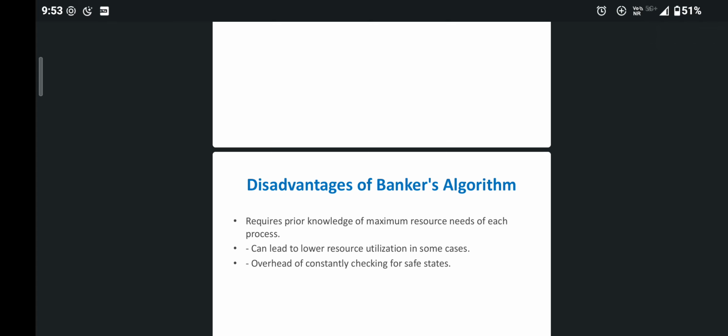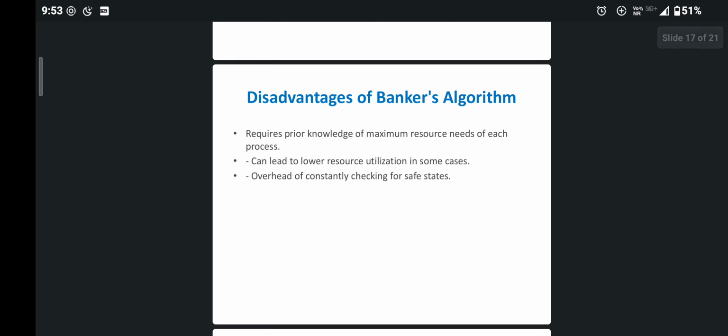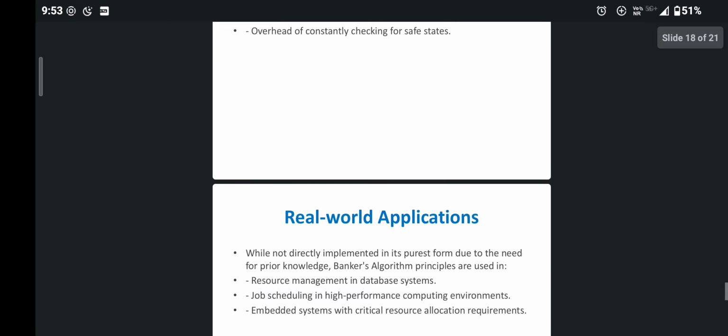If there is a very large number of processes, then it can lead to lower resources, and it may be slower. And then there is the overhead of constant checking, because if a process is not in a safe state, we check again and again after every process, so it may cause overhead.